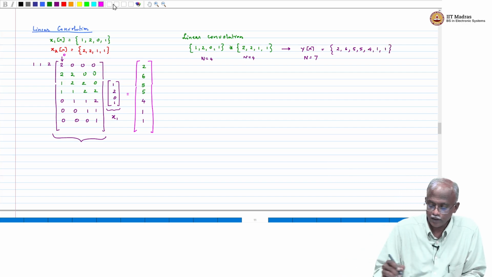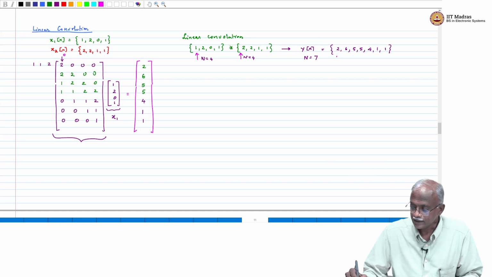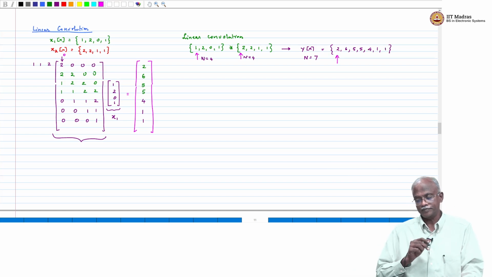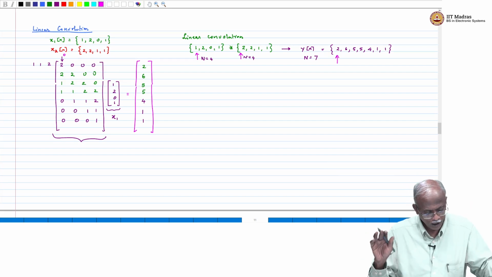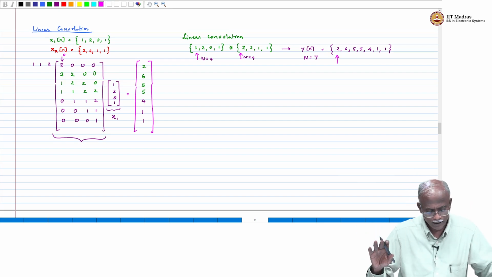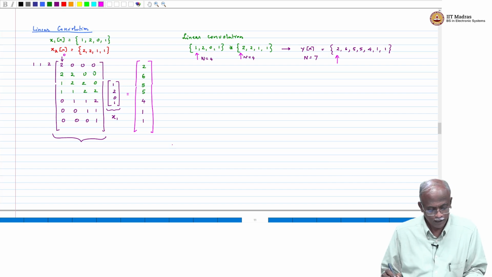Let's indicate the origins for all of them. So this is linear convolution. I hope you are completely comfortable with what we have done.